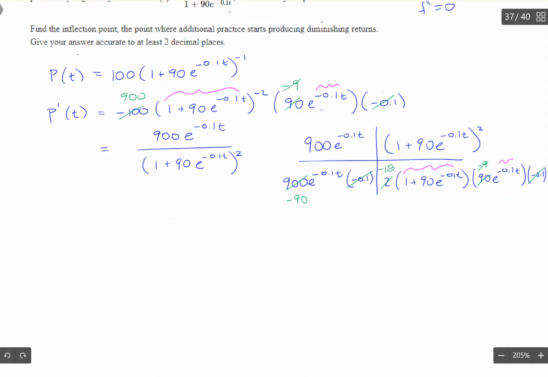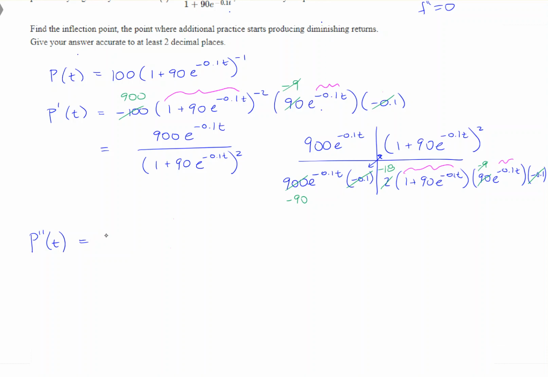Okay, now that that's done, let's form our derivative. So we're going to have the second derivative. We multiply these two boxes together first. So let's see.